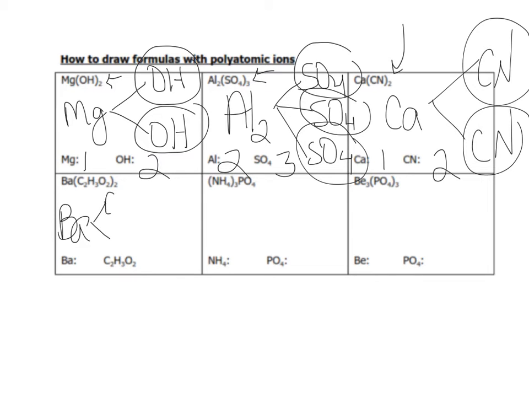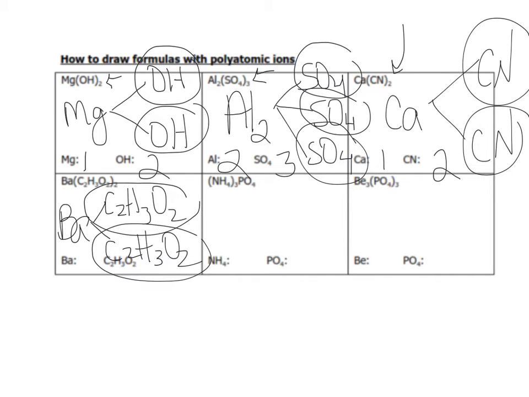This polyatomic ion has 3 elements, C2H3O2. But I don't have to memorize that. I just know that whatever's in the parentheses goes at the end of each branch. And I've got 1 Ba and 2 groups of C2H3O2.